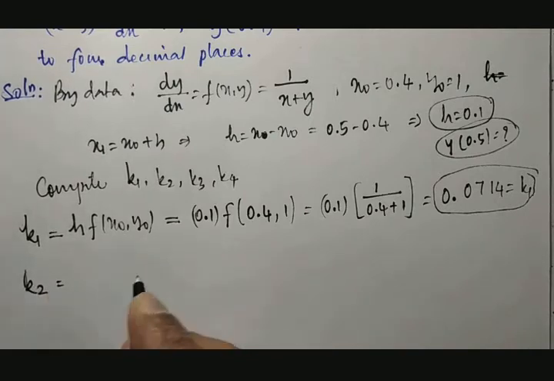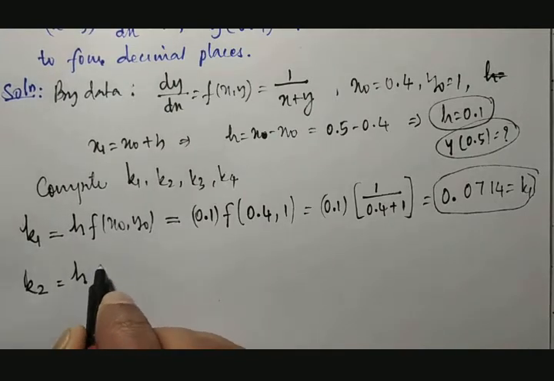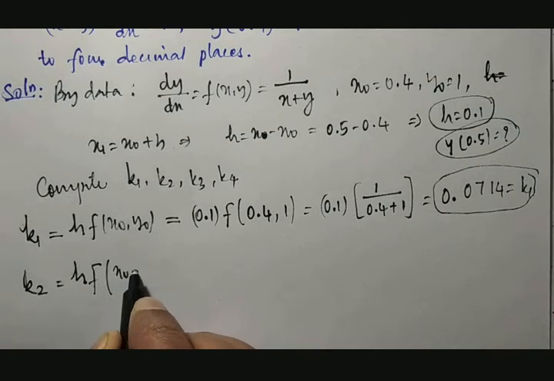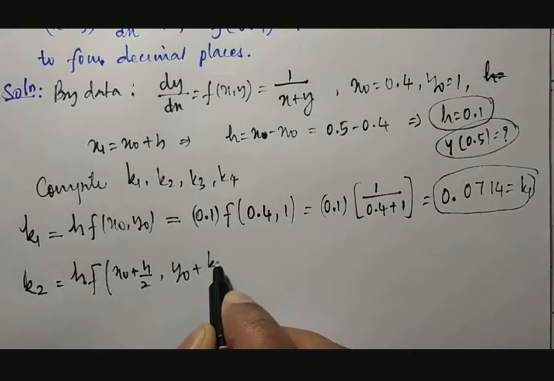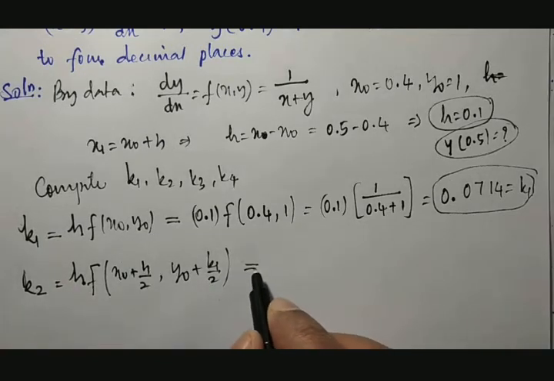Then let us calculate K2. To calculate K2, what is the formula? K2 is h into f of x naught plus h by 2 comma y naught plus k1 by 2, meaning the recently obtained value.